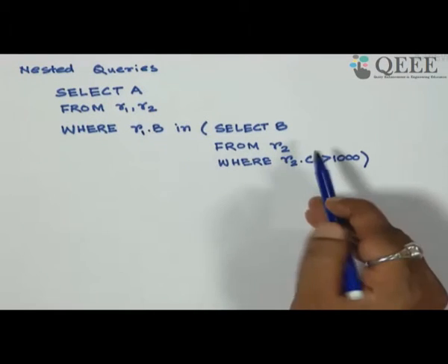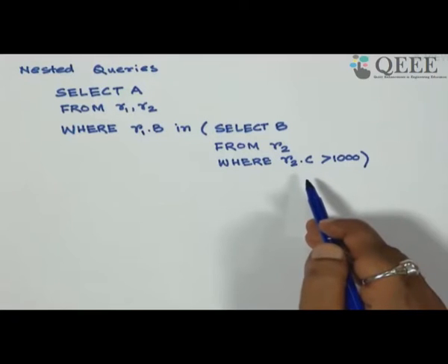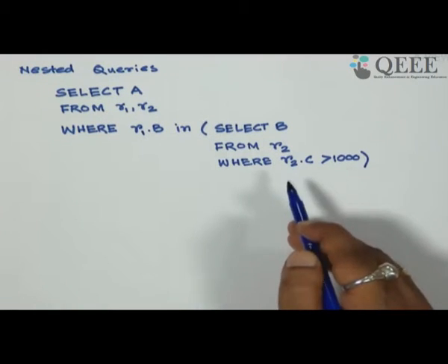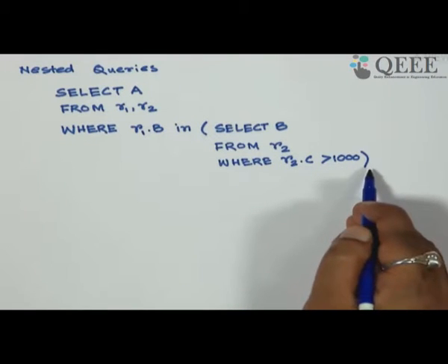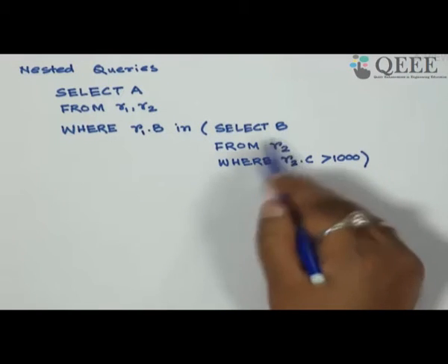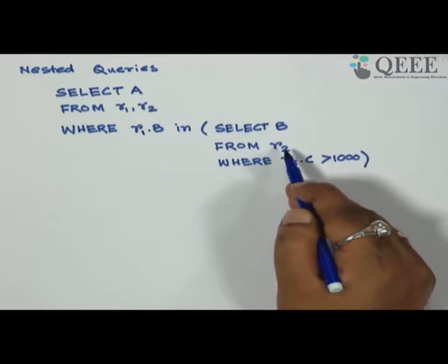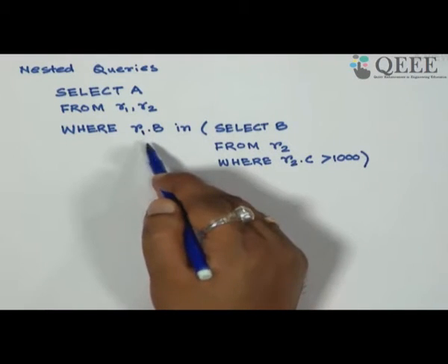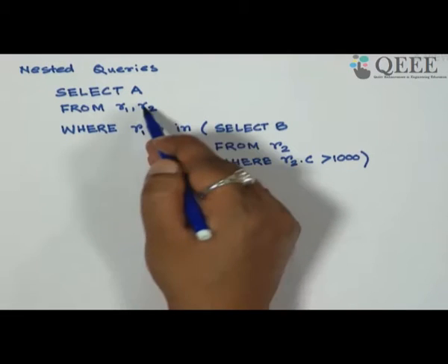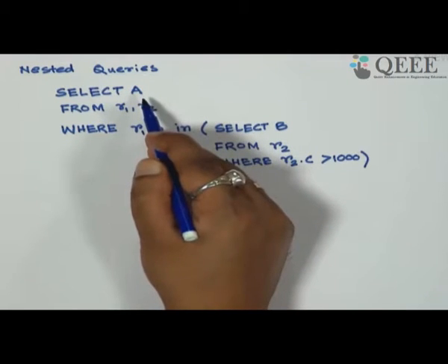First run a query called the inner query, which picks up the B values from R2 where the C value is greater than 1000. Pick up only those B's, and if any of these B matches with the B of R1 in a row of R1 cross R2, pick up that row.